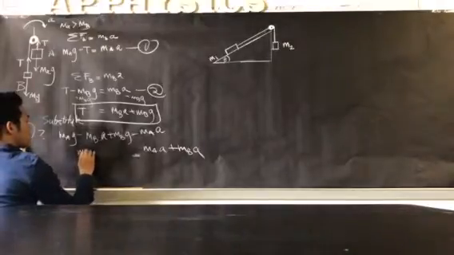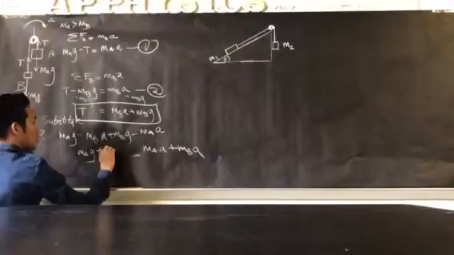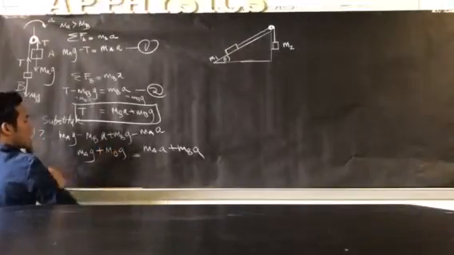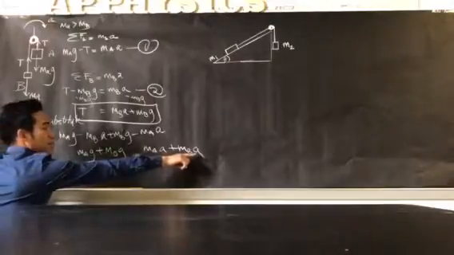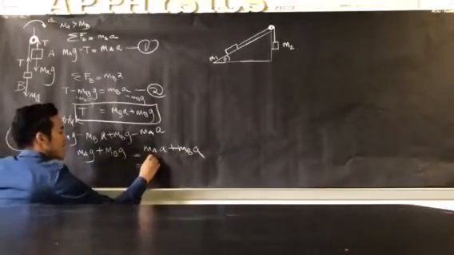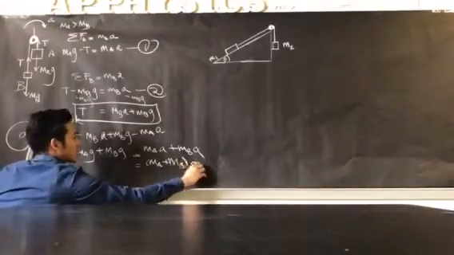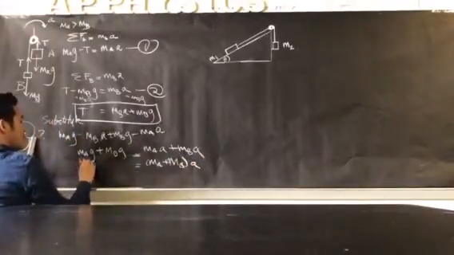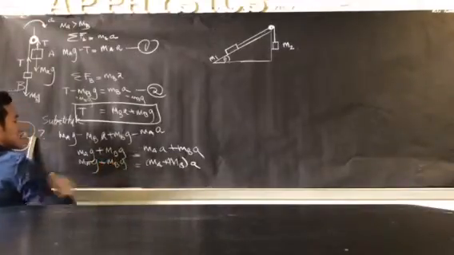On my left side of the equation I have the weight of block A plus the weight of block B, which is equal to m_A plus m_B times a. So I'm isolating m_A plus m_B to calculate that. My final equation to calculate the acceleration would be this.